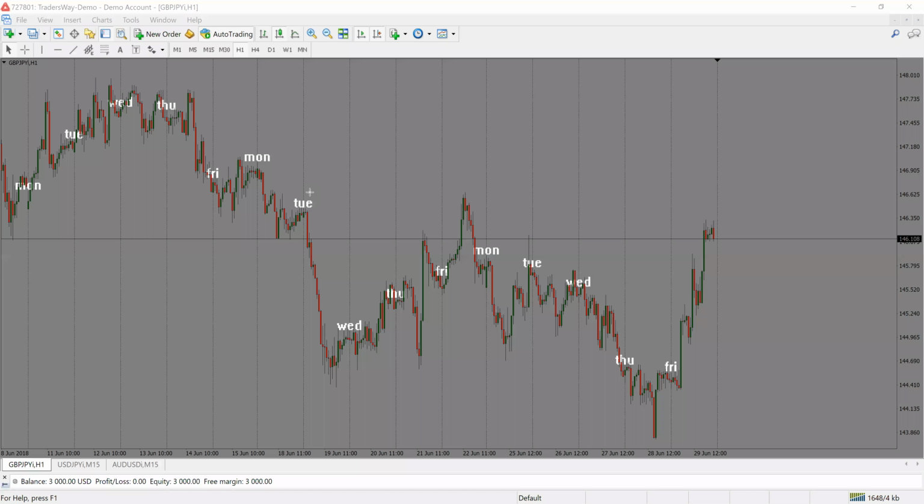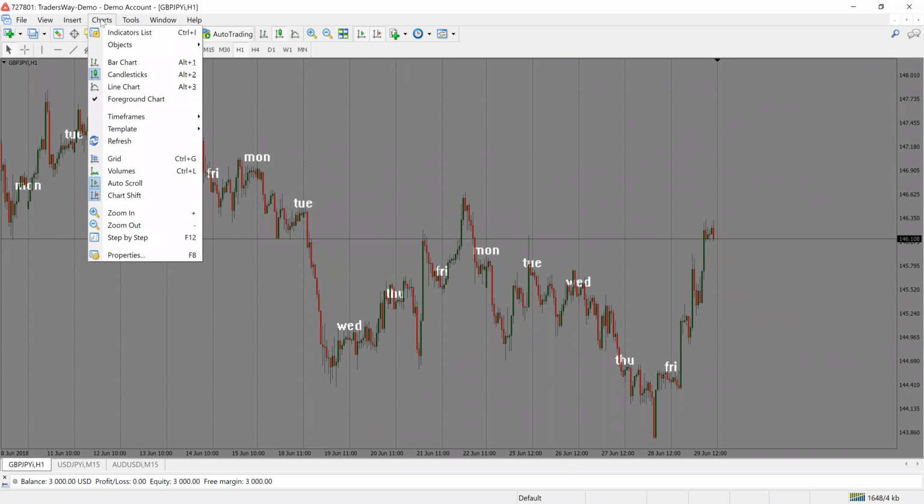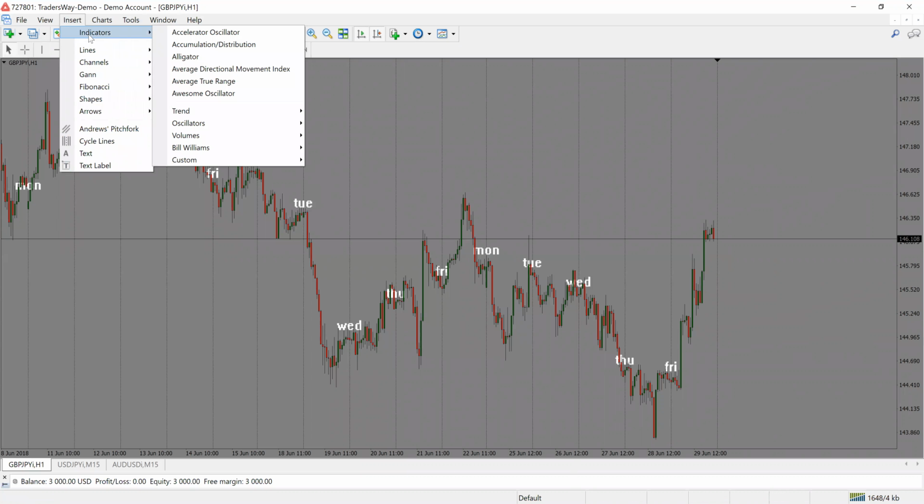So what I see happened during the week, we started here Monday. Hold on, let me get my triangle too. I actually just fixed this platform. Charts, indicators.